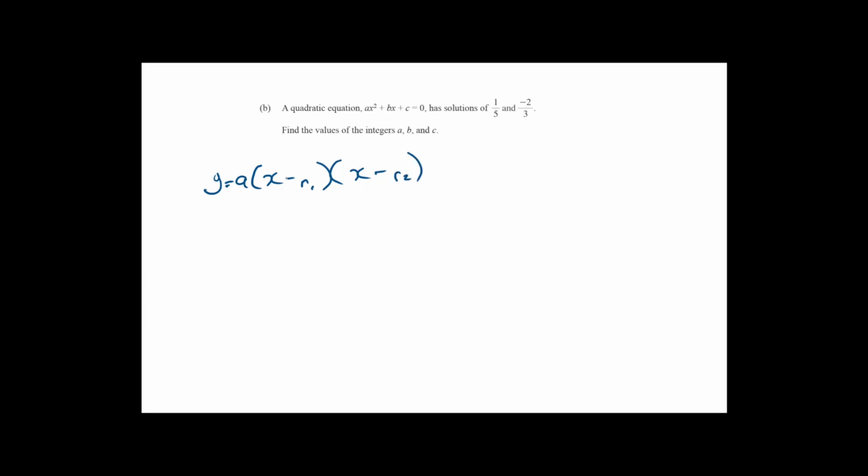You could do that, and after a while you would get a quadratic equation, and they would pop out eventually. They're integer values, so we're going to need to play around with it a little bit after that.